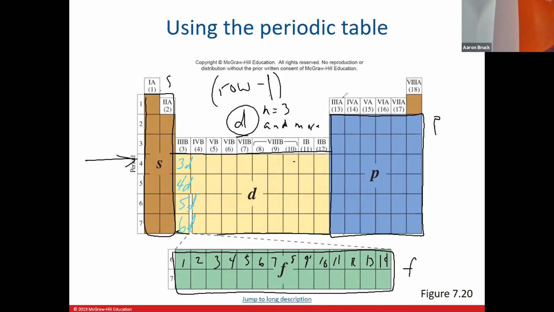So notice that this is actually in period 6, and this one's actually in period 7. And yet, they're not representing the 6F and the 7F. They're actually representing the 4F and the 5F. So for the F, what we're doing is we're taking the row and subtracting 2 from it.